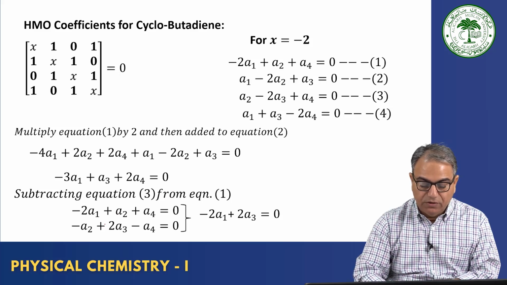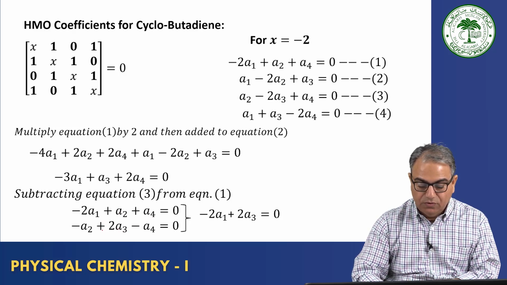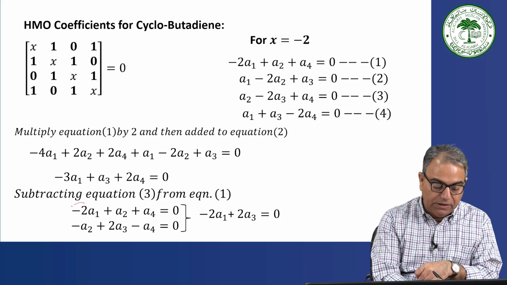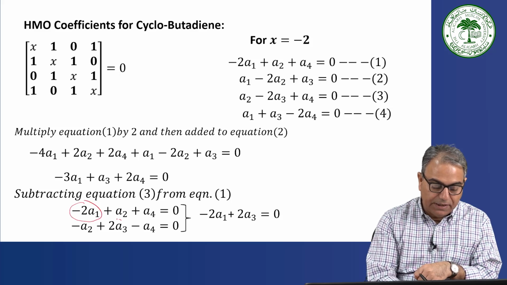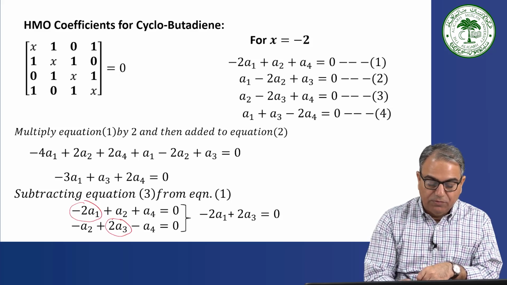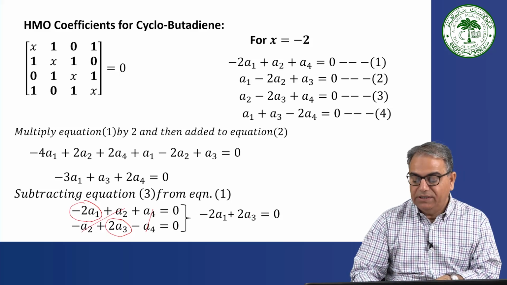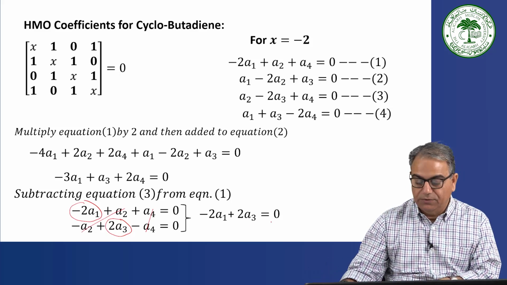So a2 and a2 will go, minus 2a1 will remain there, and this a4 and a4 will also go. Minus 2a1 plus 2a3 is the only remaining term. Rest of the terms will go, and you have minus 2a1 plus 2a3 is equal to 0.